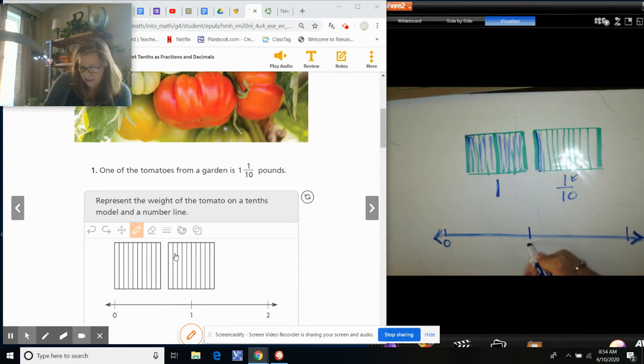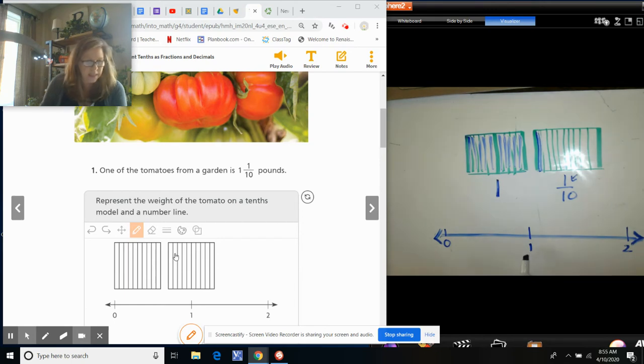So in this case, this is the whole number 1, and between 0 and 1 are the fractions or the parts of that 1. And then again, here between 1 and 2, these 2 whole numbers, it's broken into tenths. So we know we're going to be talking about more than the whole 1.